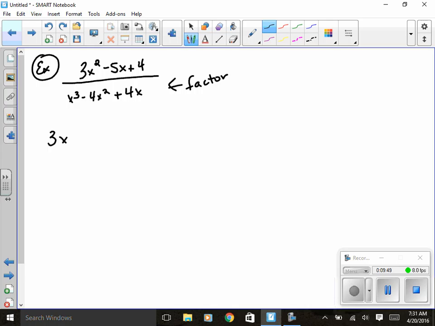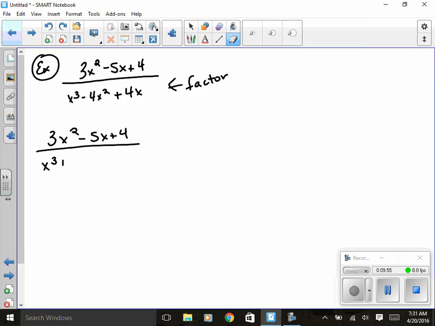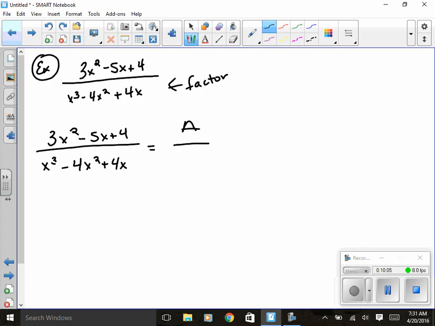I'm going to have 3x squared minus 5x plus 4 all over x cubed minus 4x squared plus 4x. This is going to give me a over x plus b over x minus 2 plus c over x minus 2 squared.